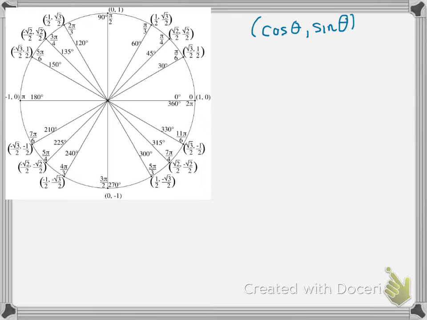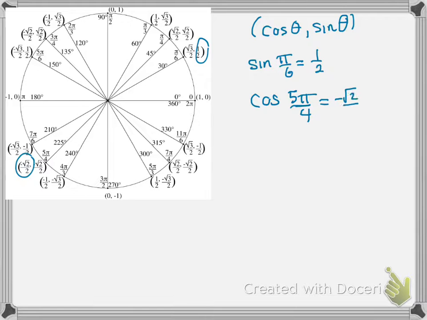But if somebody asks you to find the sine of pi over 6, you would look at pi over 6 and say sine is the y part. My answer is 1/2. If somebody asks you to find the cosine of 5 pi over 4, you would say cosine is the x, so at 5 pi over 4, the x value is negative √2/2.